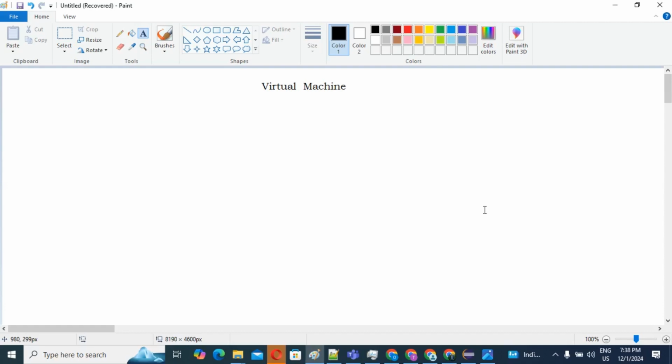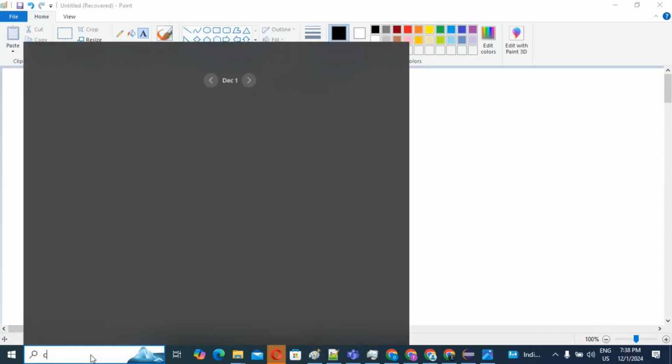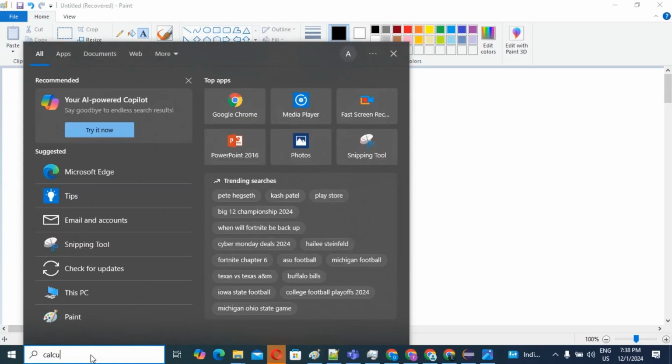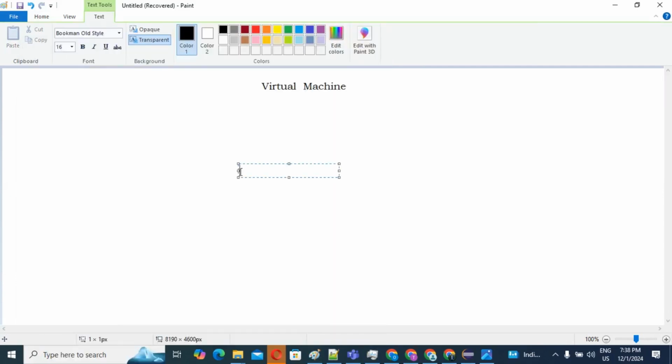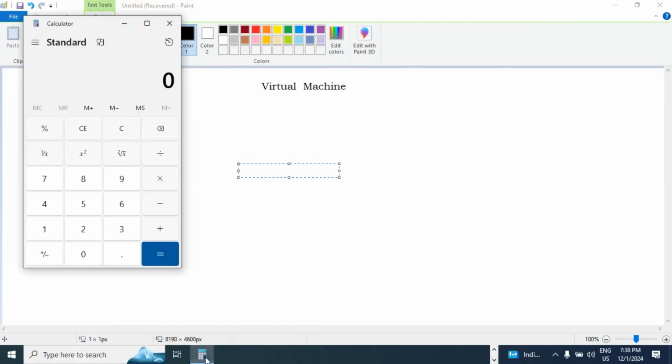Suppose the same calculator is in your system. It doesn't have any weight, any color, or any dimension. It looks like only an appearance. You can see here, if I write calculator, this is one calculator.